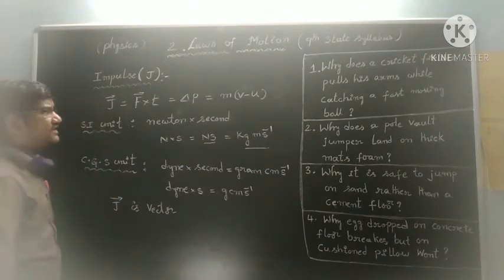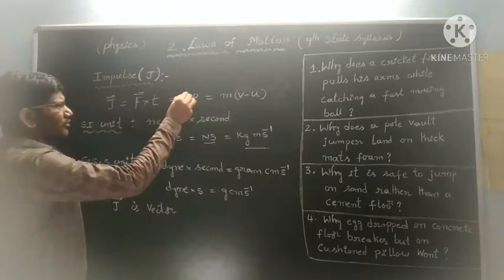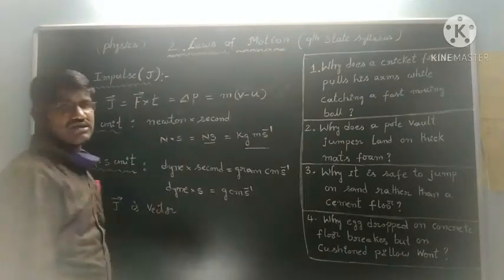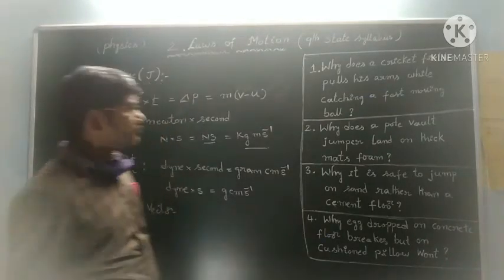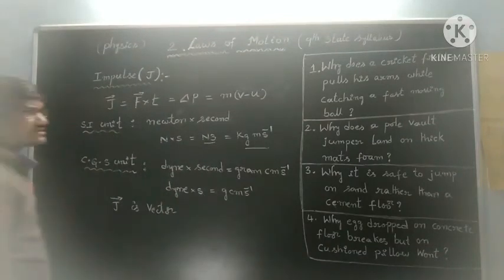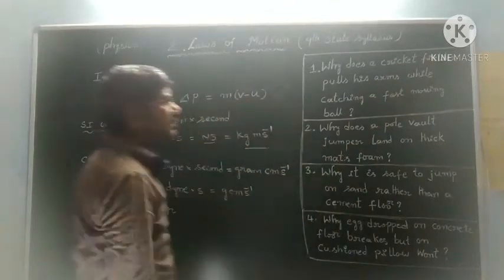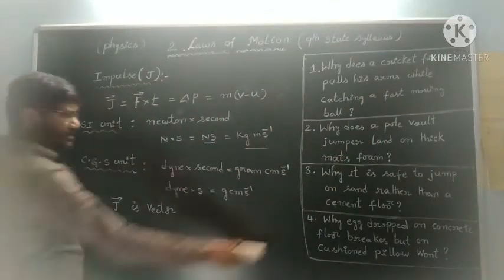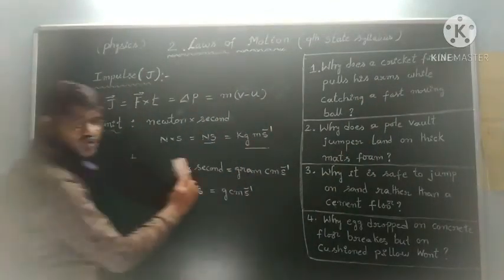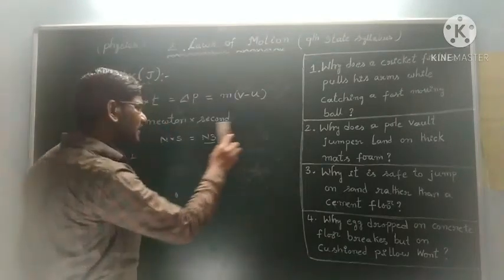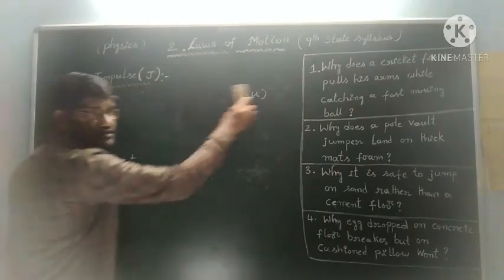What we have seen, so now we can go for the answers to our questions. Why does a cricket fielder pull his arms back while catching a fast moving ball? And all those we can discuss. Listen carefully, my dear students.